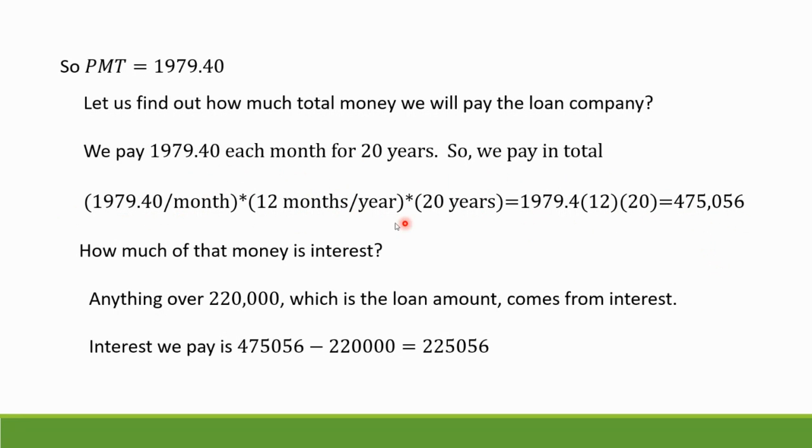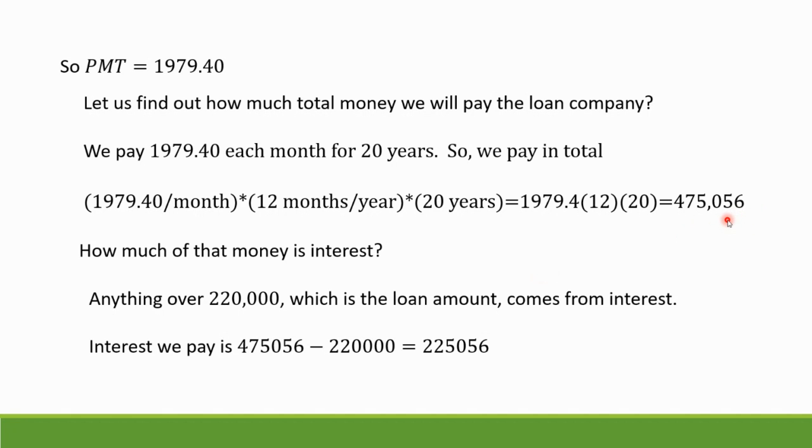This is just like the factor label method in the very beginning of the course. That's why we're multiplying by 12 months per year, because this is in months, this is in years. So this takes care of the units. So we end up sending them a total of $475,056.